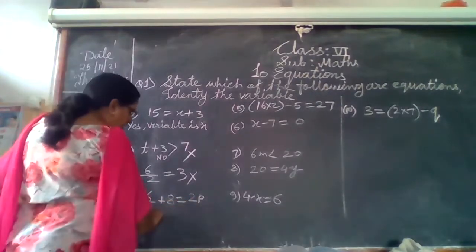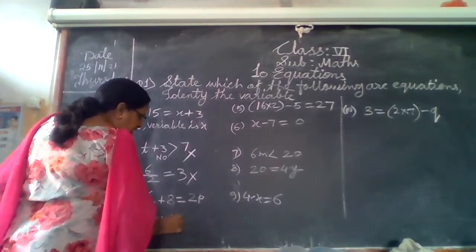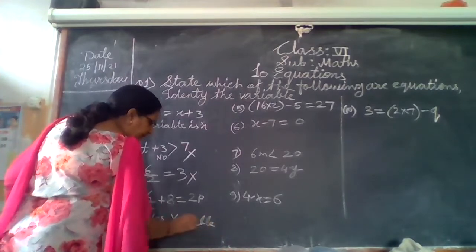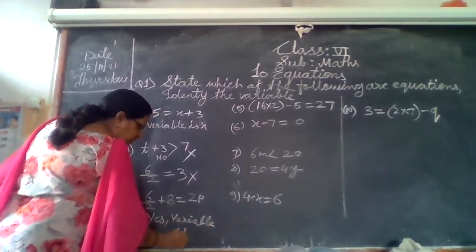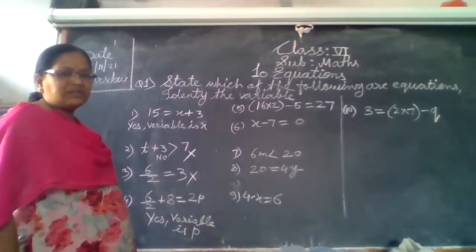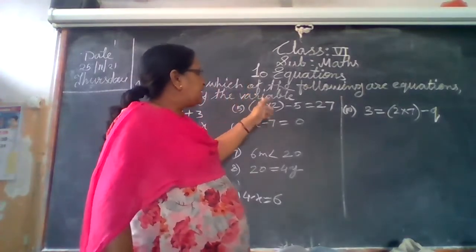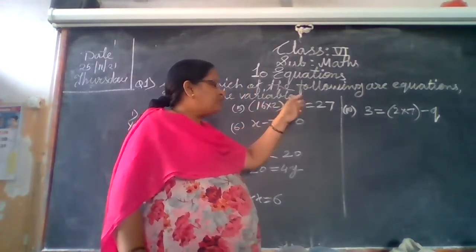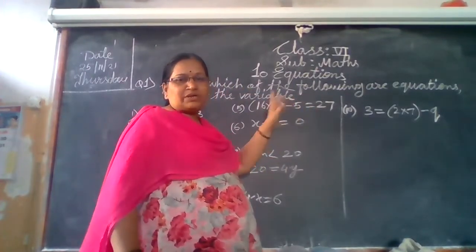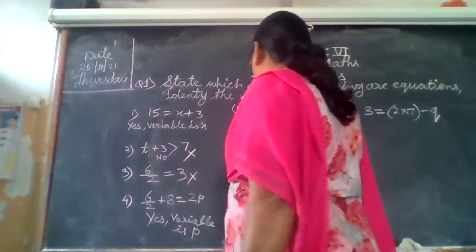Therefore, yes, it is the equation and the variable is, what is the name of the variable? What alphabet is given? P. Fifth, 6 multiplied by 2 minus 5, 27. Having equality, operations, but no variable. That's why it is not the equation.